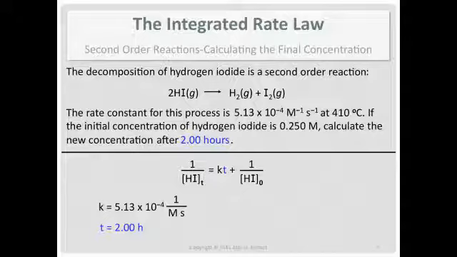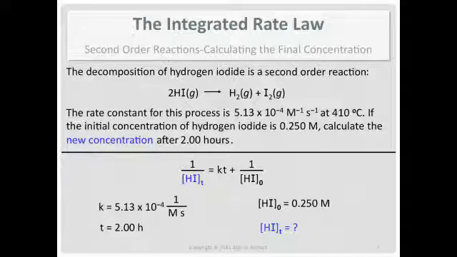Time is 2 hours. And we have the initial concentration, don't we? Yes, we do. And we're looking for the final concentration. In other words, the hydrogen iodide concentration at time t.